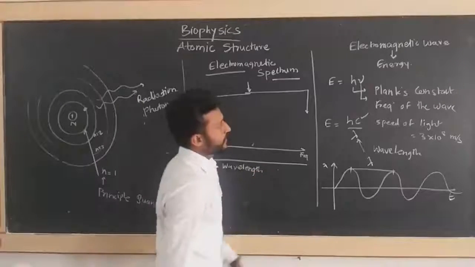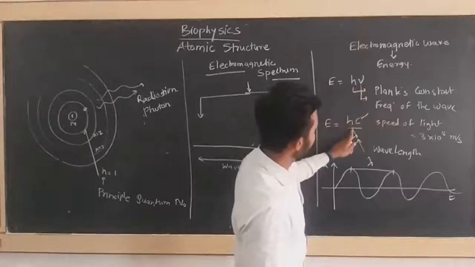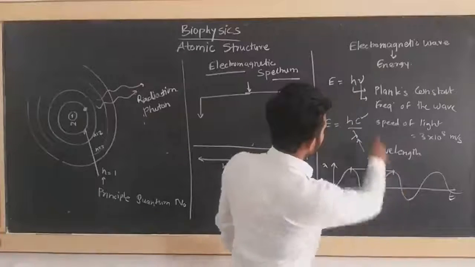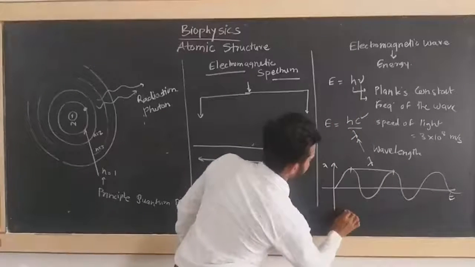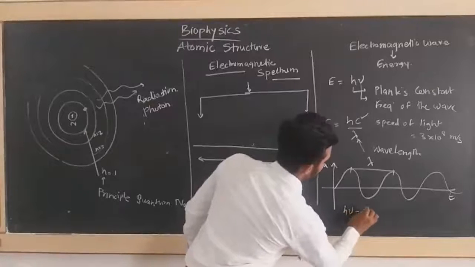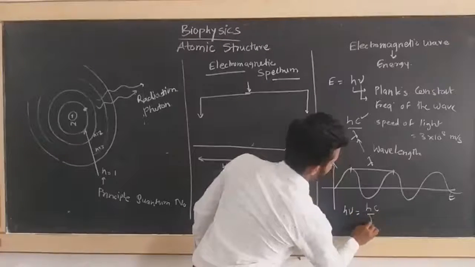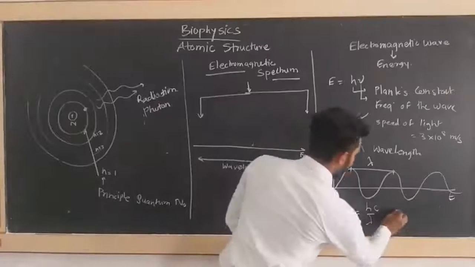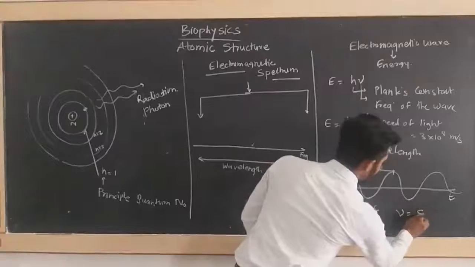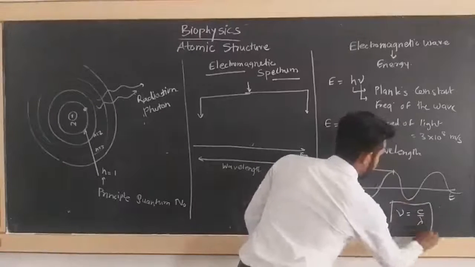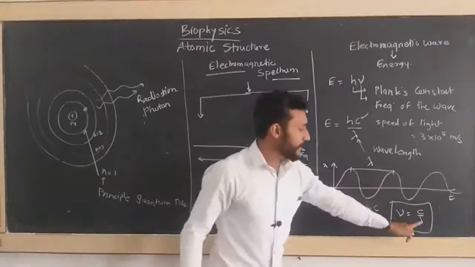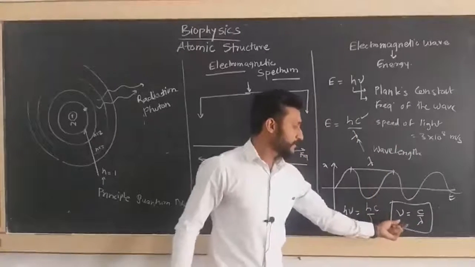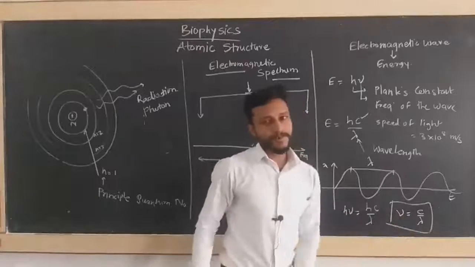If you compare these two equations, we get h nu equal to hc by lambda, or finally nu is equal to c by lambda, where nu is the frequency of the wave and lambda is its wavelength. So they are inversely proportional to each other.